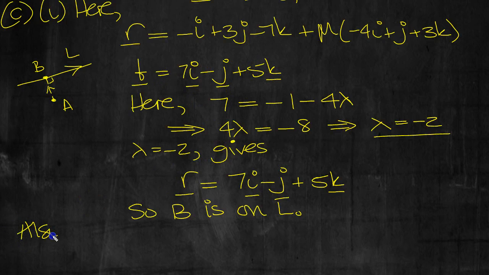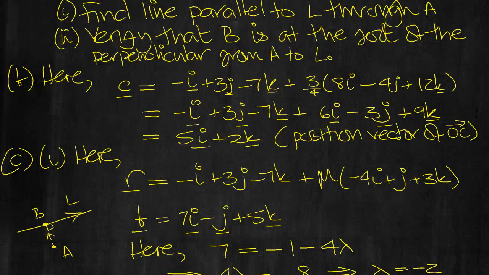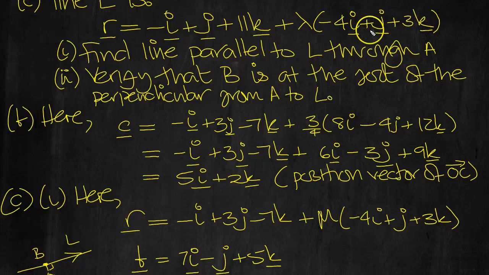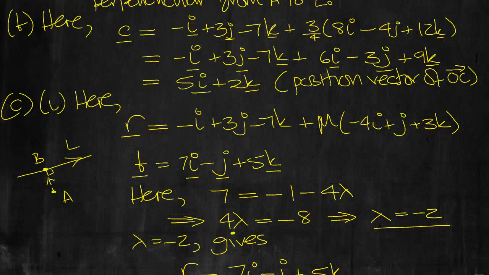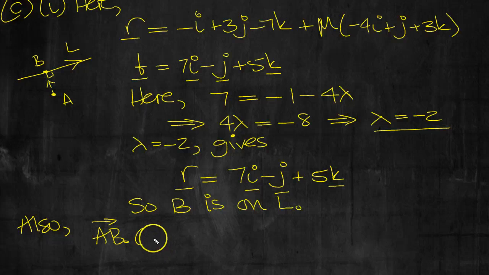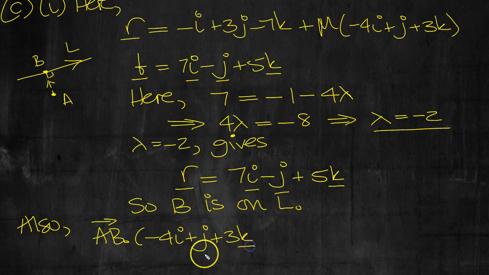Also, the vector AB then, AB dot with the direction of the line, which is this directional vector, and it's the same as that one, so we can just write that down. Minus 4i plus j plus 3k. Now, does this equal 0?